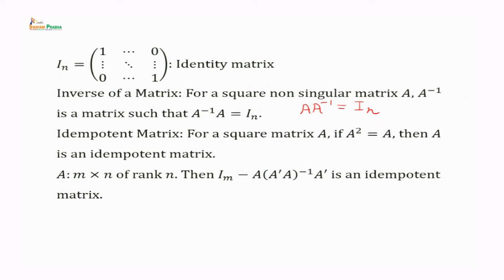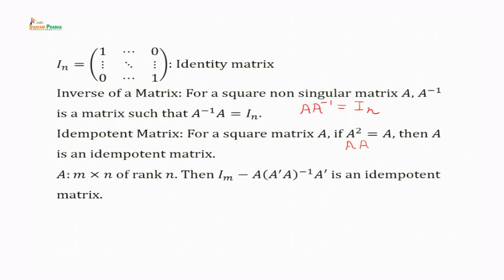Then the idempotent matrix. Now, suppose A is a square matrix and the square of A, meaning A multiplied by A, is equal to A. Then we say that A is an idempotent matrix.